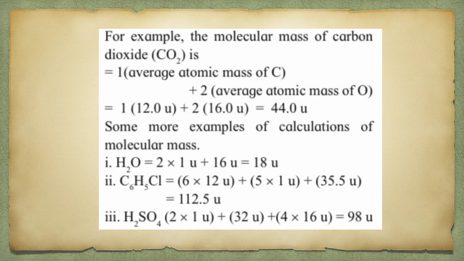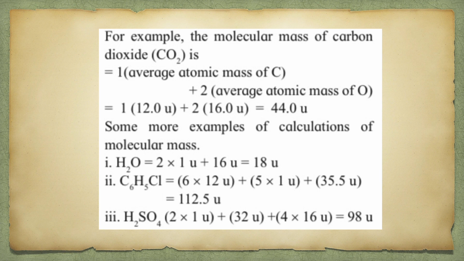So it is 2 into 1 U plus 16 U is equal to 18 U. And next one, for chlorobenzene, there are 6 carbons, so it is 6 into 12 U plus 5 hydrogen atoms, so 5 into 1 U, plus only 1 chlorine atom, so 1 into 35.5 U, which will give me 112.5 U. And the last one, sulfuric acid, is equal to 2 into 1 U plus 1 into 32 U plus 4 into 16 U, which will give me 98 U.